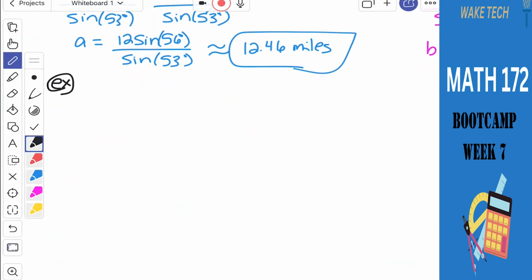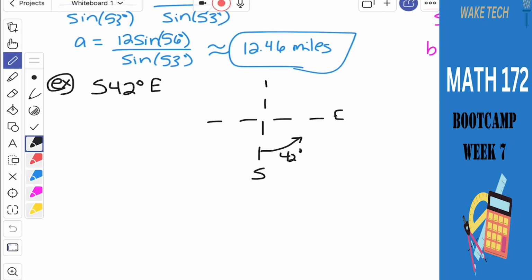So just to remind you of what these directions mean, south 42 degrees east means starting from the south direction, turn 42 degrees towards the east. So that would be the line we would draw based on this particular bearing here.